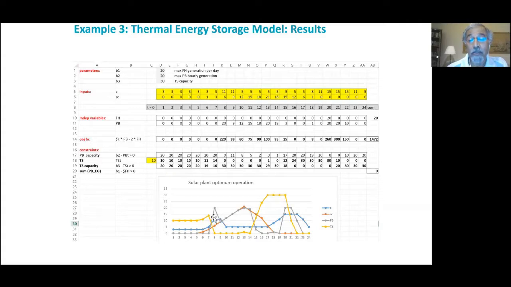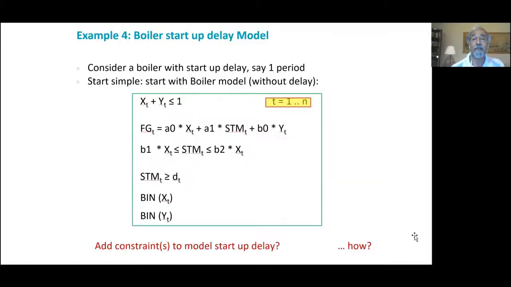So you have peak rates, morning rate, and an even bigger peak rate in the evening. So the incentive would be to produce as much as possible in the evening. And you can see the thermal storage charges up before the evening and discharges during the evening and maximizes the profit that way.